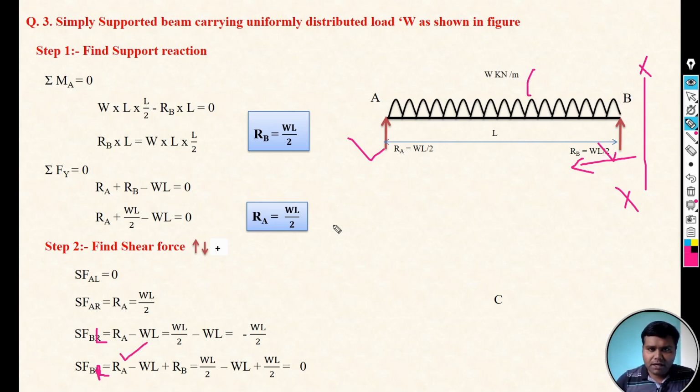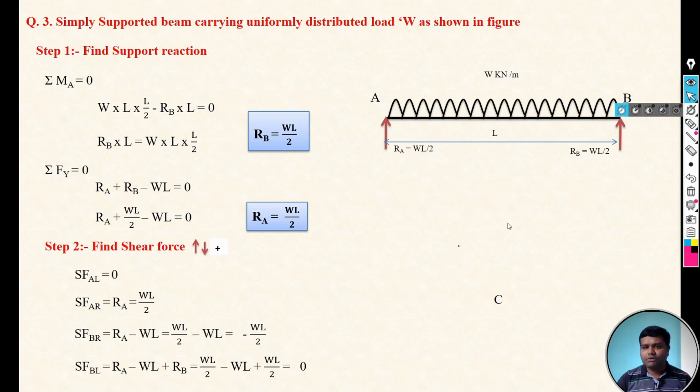So RA upward positive, WL downward negative, and RB upward again positive, where RA is WL by 2, RB is WL by 2, and the remaining term WL is as it is. So WL by 2 plus WL by 2 is WL, and WL minus WL is 0, so that equation will come as 0.